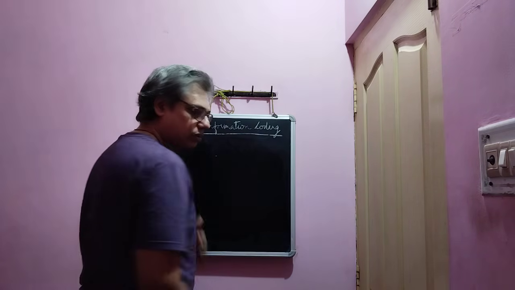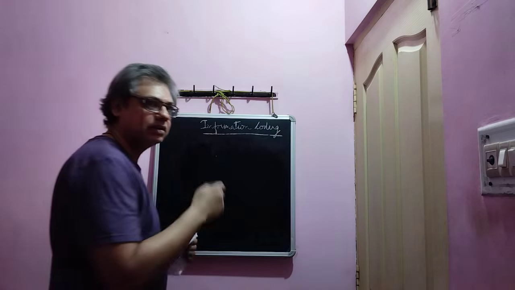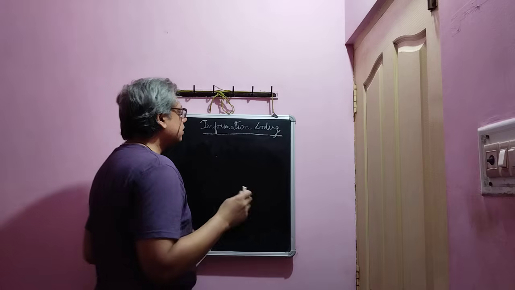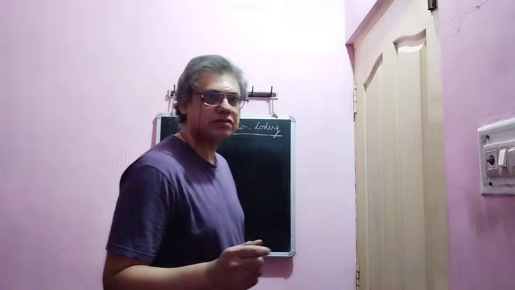This is again a video on information coding. I originally came up with this idea for the purposes of error detection and correction, but it is more ideally suited even for data compression.